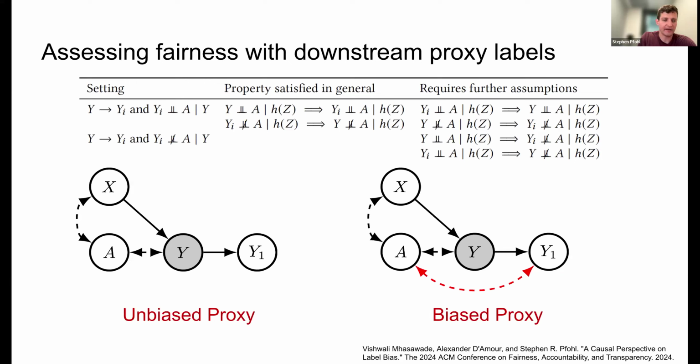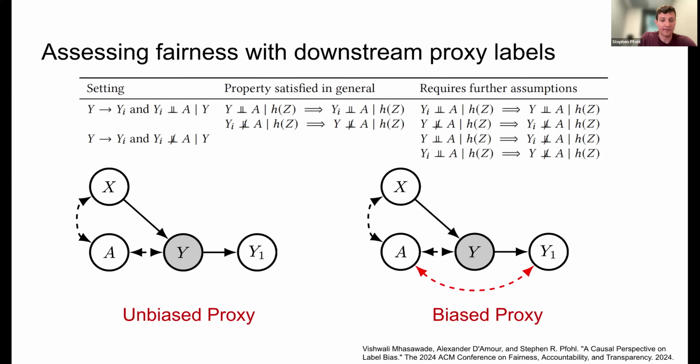The main thing to note is that if we assume we have an unbiased proxy, for example, in Obermeyer's paper, they assumed that the comorbidity index was an unbiased proxy, you can use violation of sufficiency with respect to that unbiased proxy to claim sufficiency violation with respect to the unobserved ground truth.